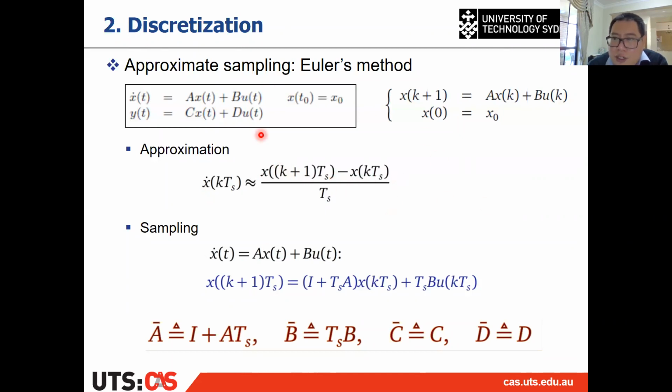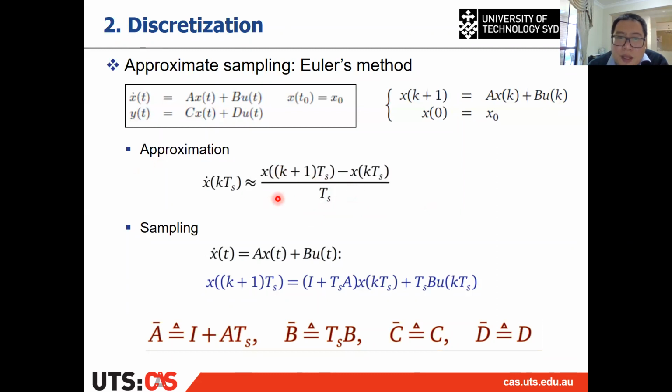So the definition of the derivative is the difference or the changes of the state divided by the interval, which is ts, and limit this interval ts towards 0, right?